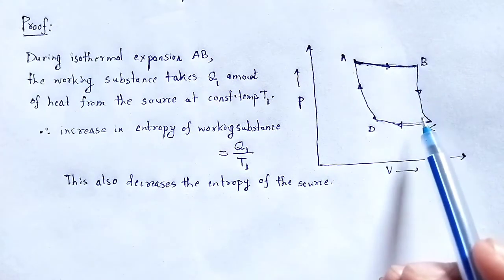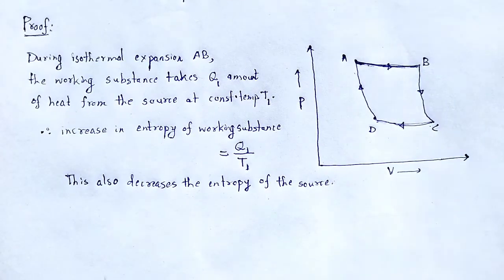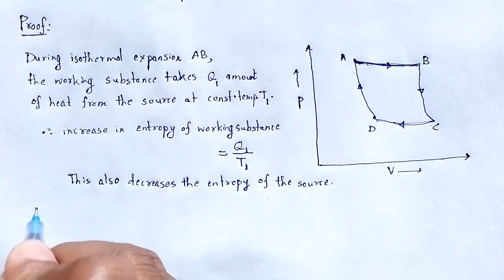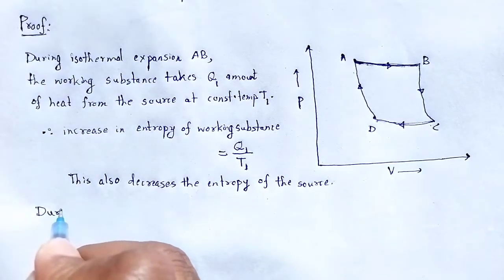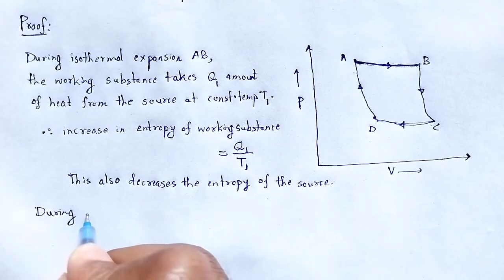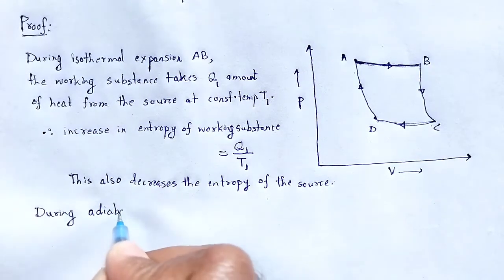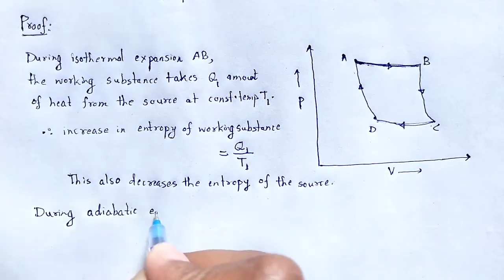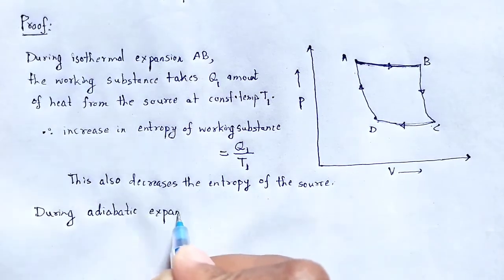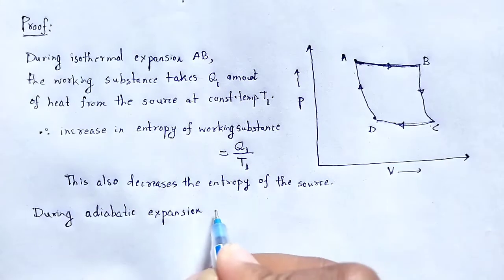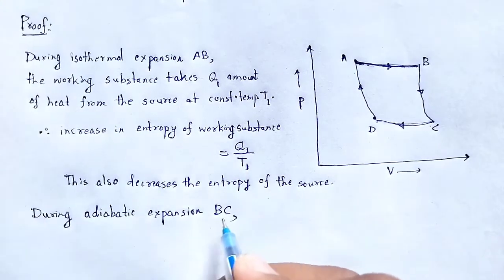Now in BC, the adiabatic expansion, what happened?